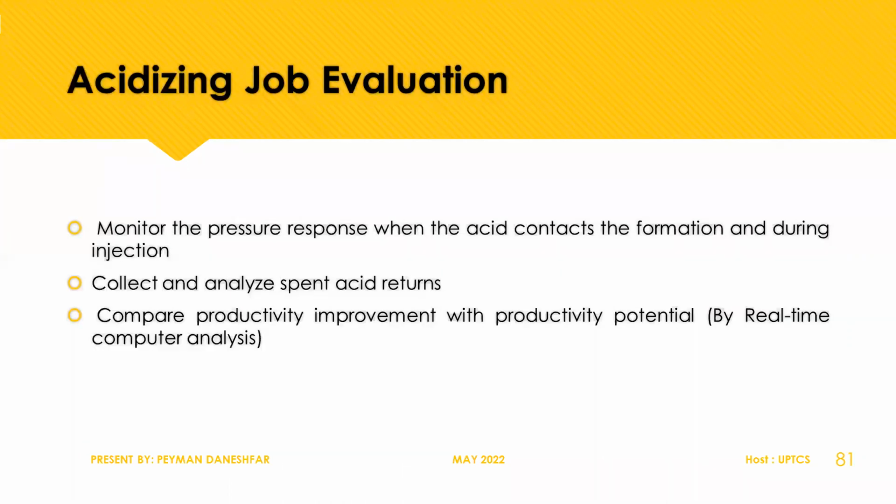For the acid job evaluation, you can see the acid job rate and pumping pressure in real-time data, and you can collect and analyze spent acid returns in a cleanup procedure, and compare your graph of productivity improvement with the productivity potential before, by real-time data computer analysis.